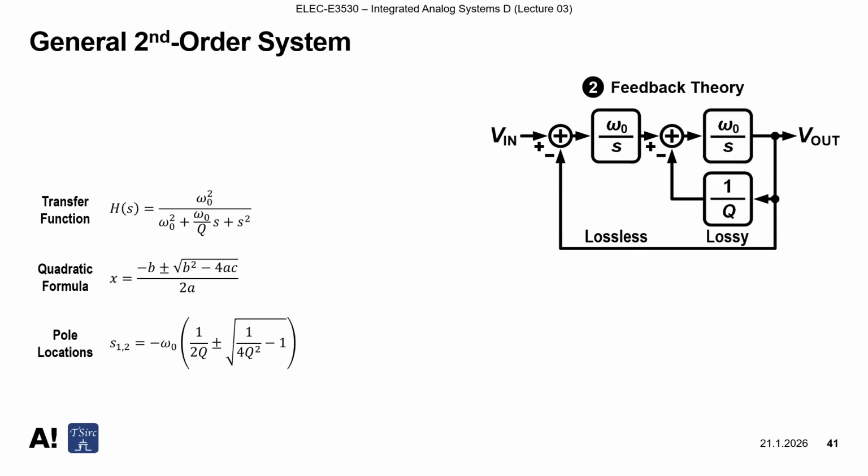As a reminder, this minus term doesn't mean that we are considering a physically negative frequency. We are just describing what response is required to make this system unstable, that means the pole locations. And there are some conditions because we have a square root term here, right? If this 1 over 4Q squared minus 1 becomes negative. Oh, you have a question?